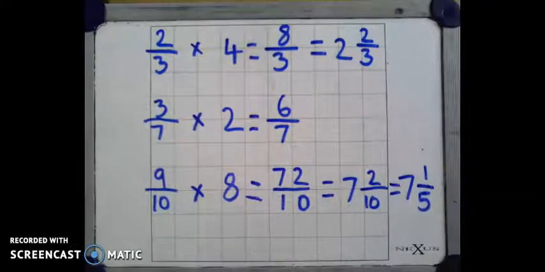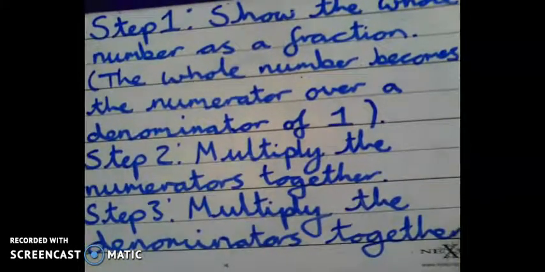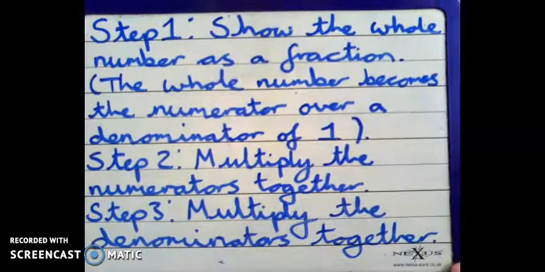Let's go through those steps again for this lesson. Step 1. Show the whole number as a fraction. The whole number becomes the numerator over a denominator of 1. Step 2. Multiply those numerators together. Step 3. Multiply the denominators together.